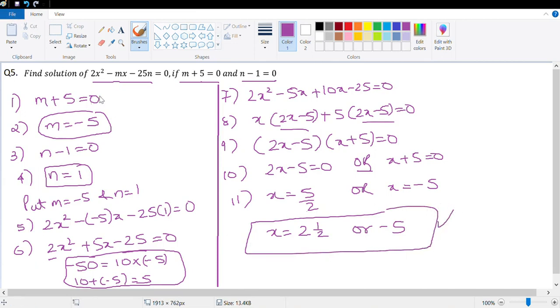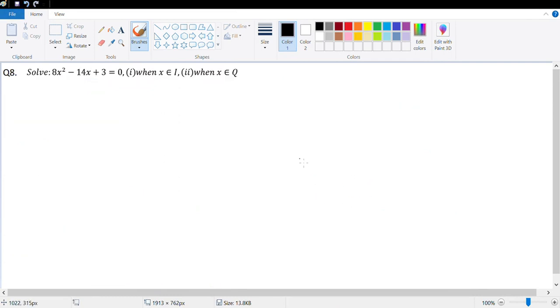Good, let's look at the next question. The next question that we have is question number 8. It says solve 8x squared minus 14x plus 3 is equal to 0. Part 1 when x belongs to integers, part 2 when x belongs to rational numbers. So let's first solve it.